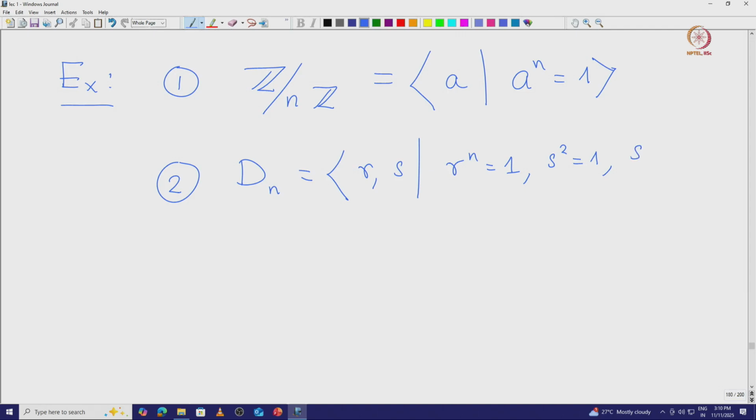We also have the following relation between this rotation and reflection: SRS must be equal to R inverse, but R inverse is nothing but R^(n-1). So, this can be rewritten as R^(n-1). This is the dihedral group, which is the symmetry group of the n-gon.